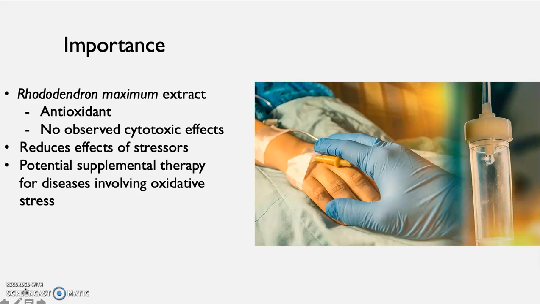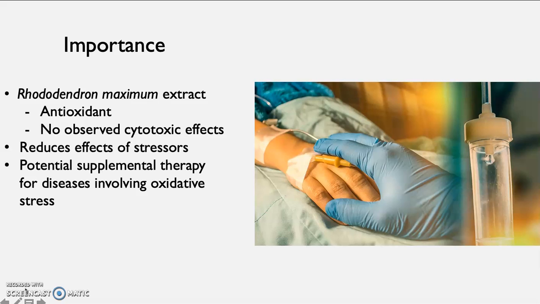So the important takeaways from this research that I've done is that the rhododendron extract had significant antioxidant effects in protecting the yeast cells from stress, and there were no observed cytotoxic effects in any of the experiments that I did. So the extract is a good reducer of the effects of stressors.